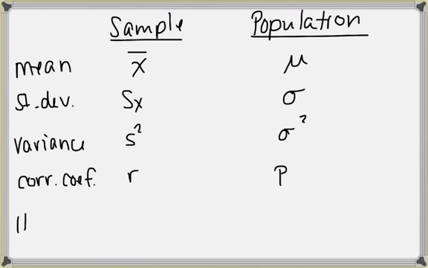And then finally, the number of elements. For a sample, we use lowercase n, and for the population, we use capital N. So those are just our differences in symbols, some of the common symbols that we'll see when we're looking at a sample versus a population. It's going to be important that we know those and can distinguish between them and know what each one represents.